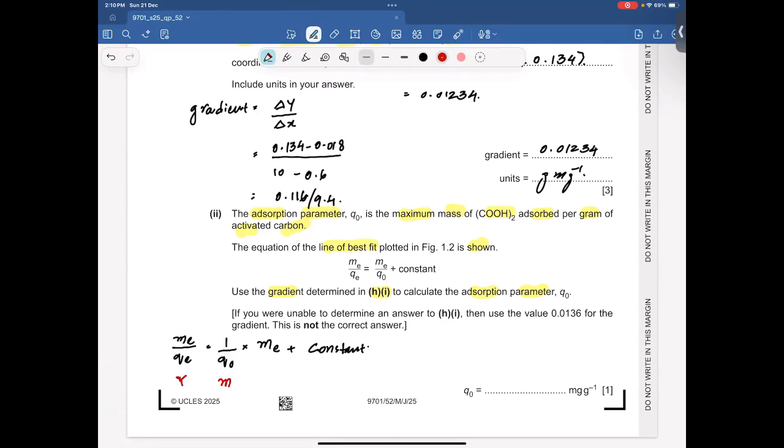So that Me is basically x and that constant is c.